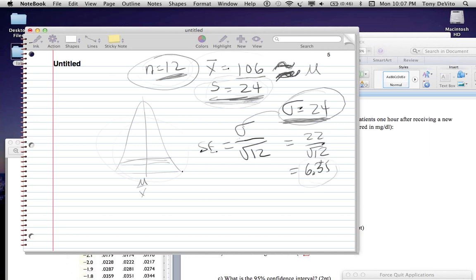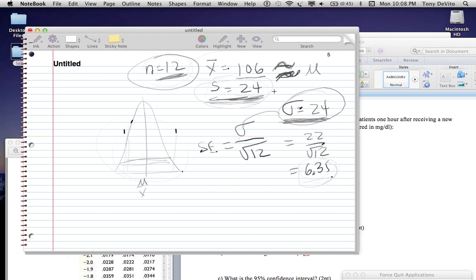Okay, so now that tells me that 95% of the sample means that I expect to get are going to be about two of these standard errors below the population mean and two above the population mean. Well, rather than look at it this way, I'm going to look at it another way.